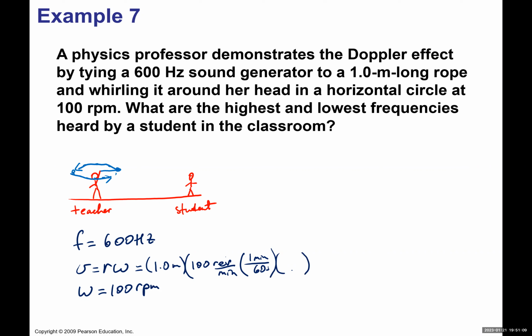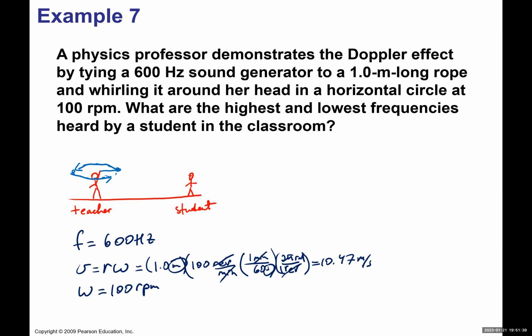And one revolution is 2 pi radians. Then we can see that revolutions cancel out, minutes cancel out. Radian is not a real unit. So what we end up with is meters per second as a unit. Doing the calculation, we should get 10.47 meters per second.